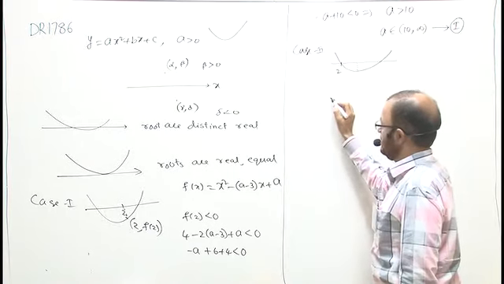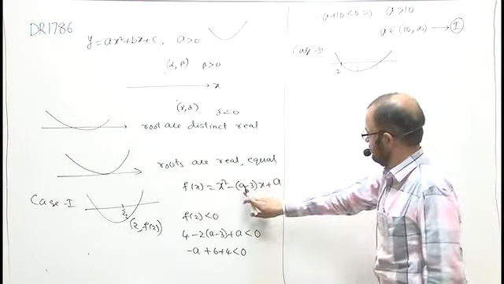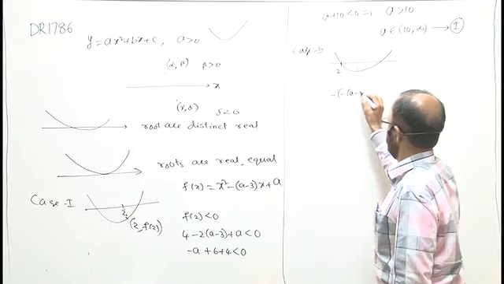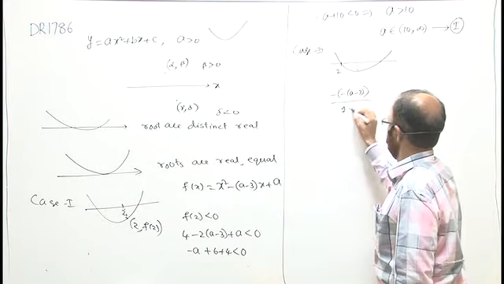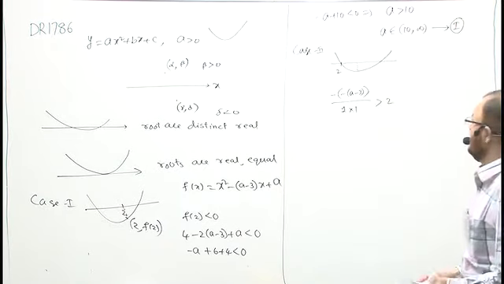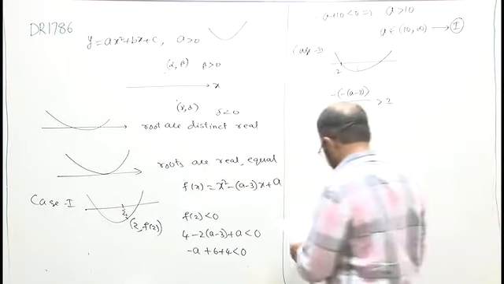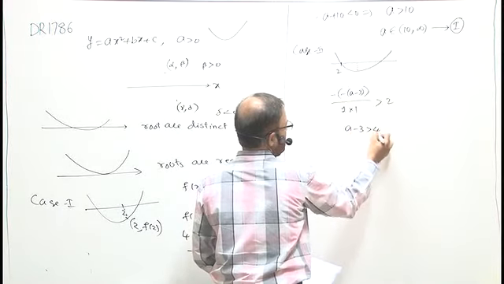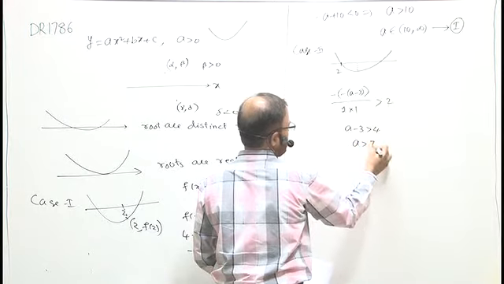I can say here vertex is from here minus of minus (a minus 3) divided by 2 into 1 must be greater than 2. Now I say here it is after solving this I will get a minus 3 is greater than 4, a is greater than 7.